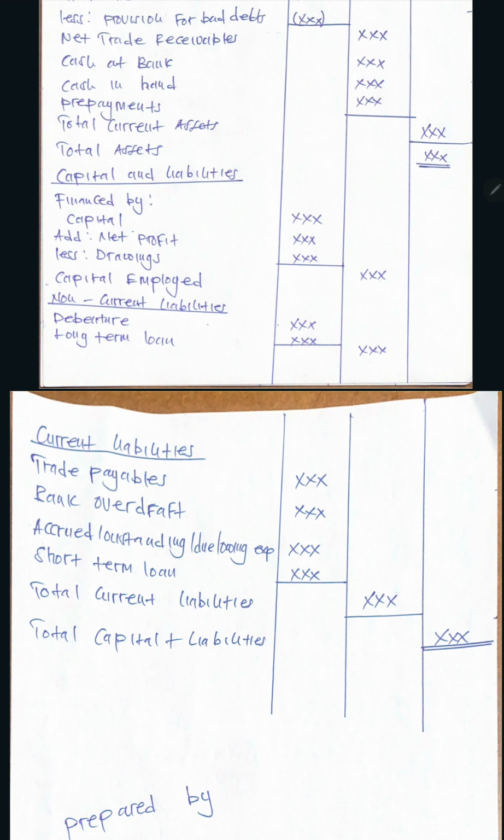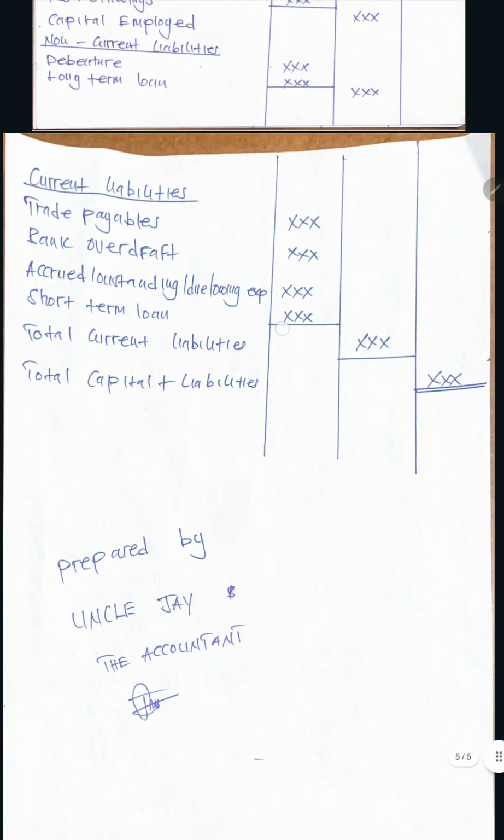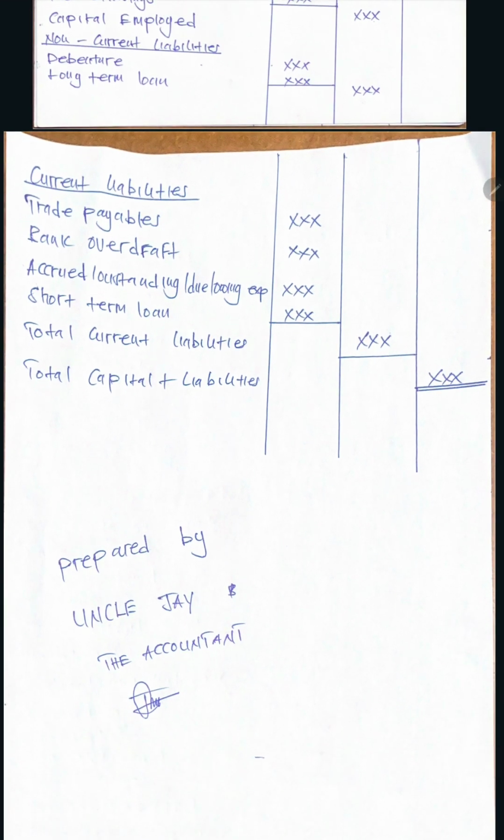Non-current: you always start with non-current. So non-current liabilities, things like debenture, long-term loan, mortgage, those things. These are liabilities. You add the total and put it there. You come to current liabilities. So things that we have like trade payables, bank overdrafts, accrued, outstanding, due, owing expenses. All expenses that are accrued or outstanding or due or owing just mean the same thing.